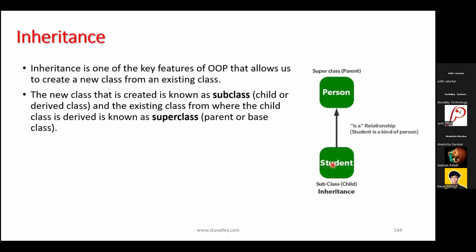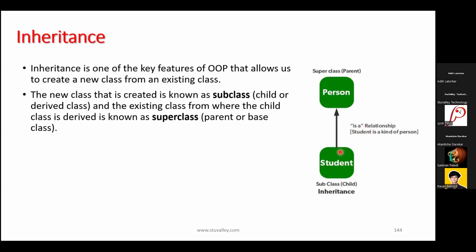So you can say that student is also known as child and subclass. Okay? Student is a person. Student is a kind of person. That is why we can create the is-a relationship using inheritance. Inheritance is always an is-a relationship.